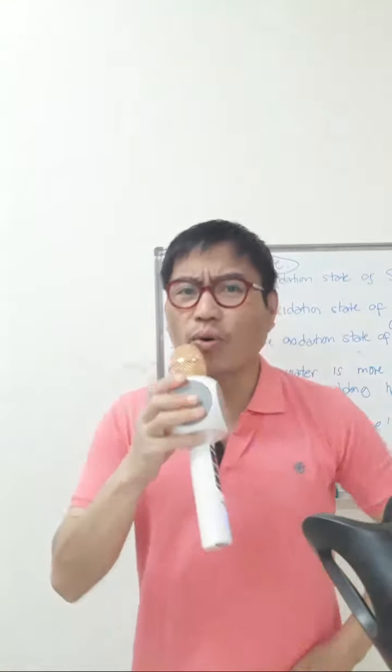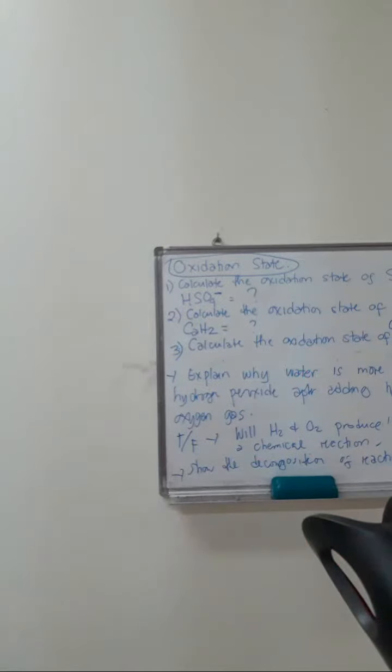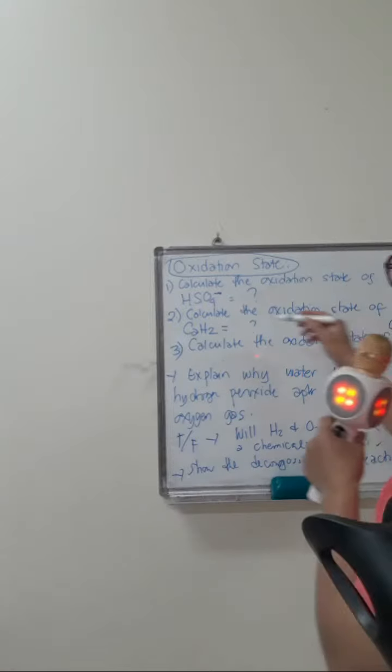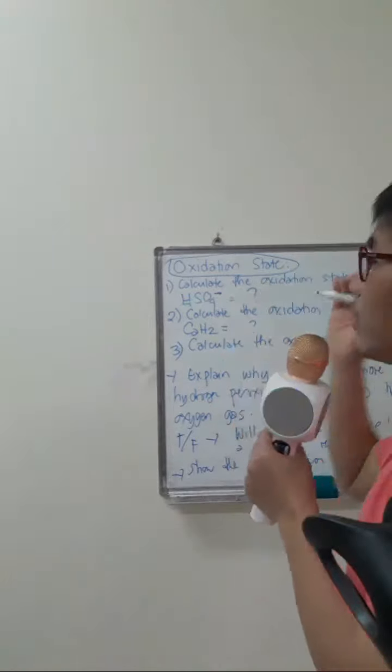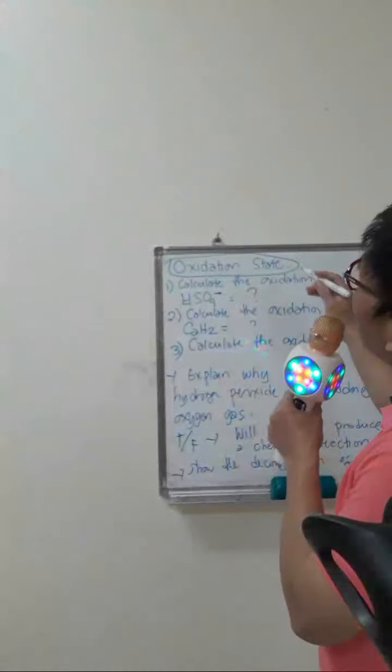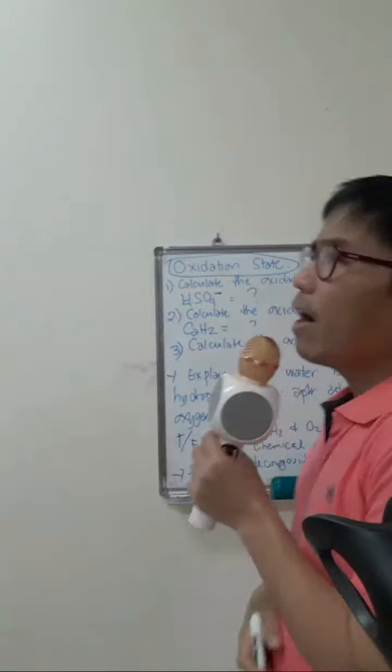So the rule in calculating the oxidation state in this case is like this. Hydrogen: there is only one atom, and it has a charge of positive 1.